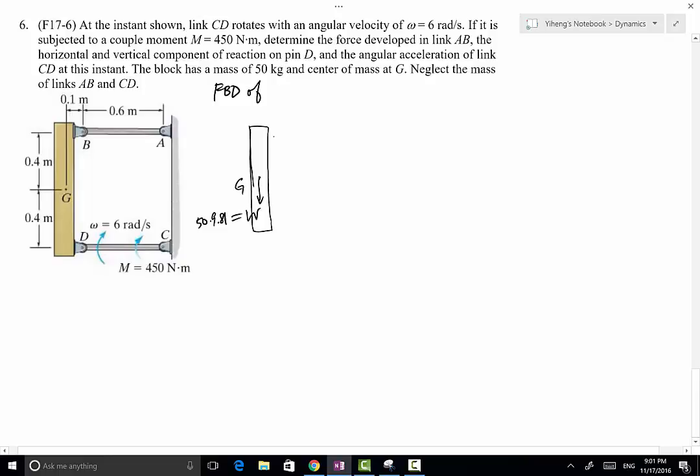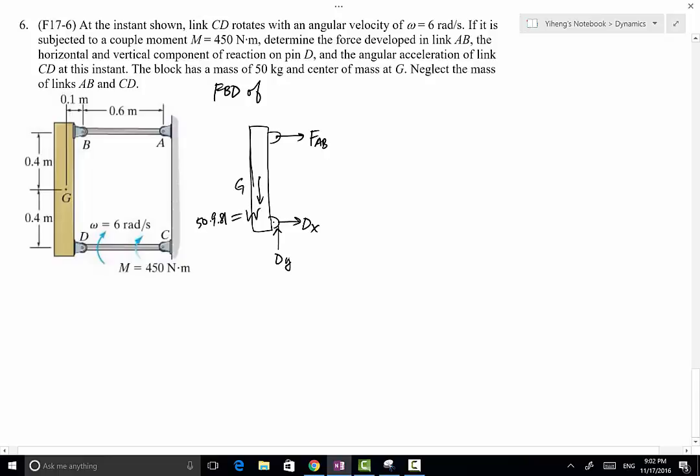And then at point B, which is 0.1 meter away from point G, we only have one horizontal component, FAB, because link AB is a two-force member. And here at point D, we have two components, DX and DY, because link CD is not a two-force member.